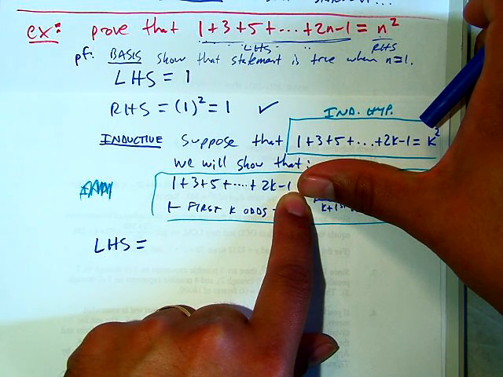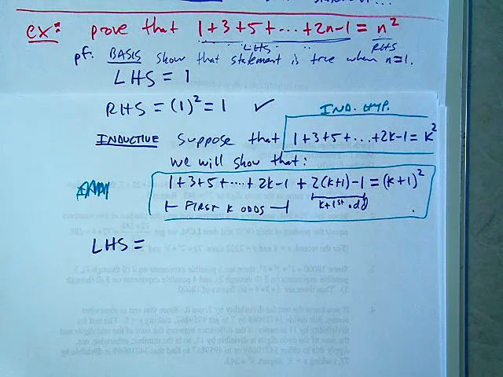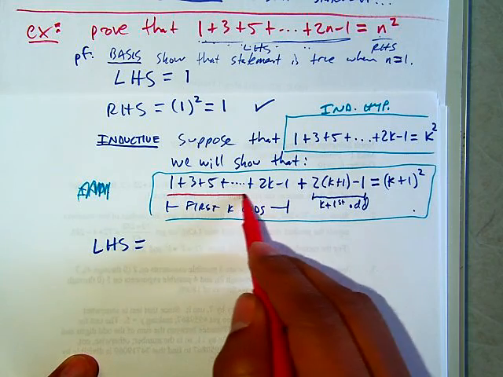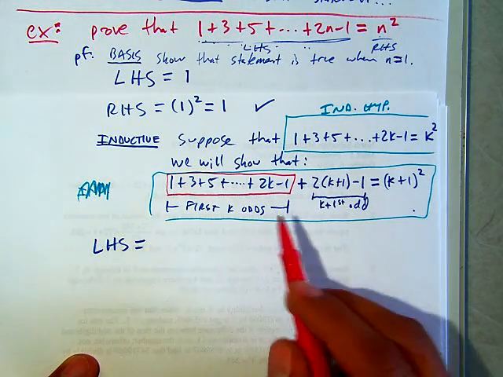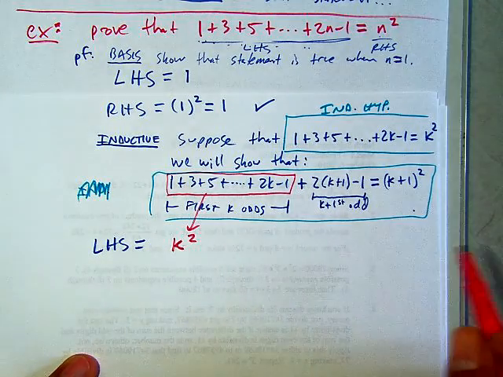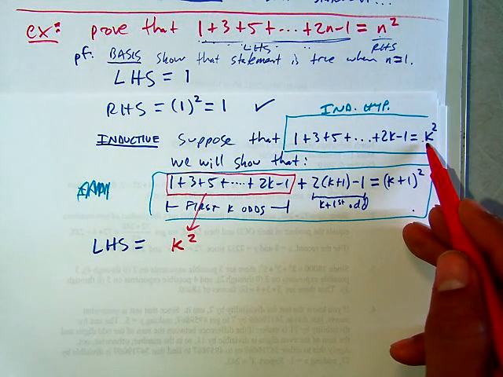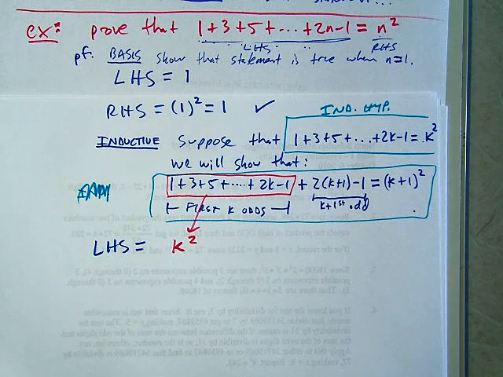To k squared. So what we're going to do is just one big old-fashioned substitution here. The left-hand side, so right here, that becomes k squared. Because that's what the inductive hypothesis tells us. Do you guys see that? Okay.